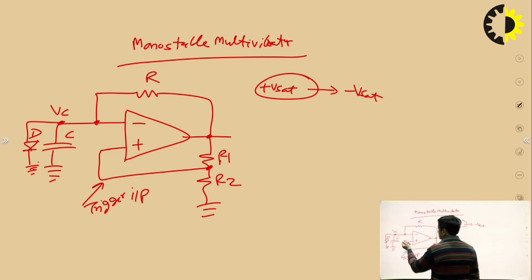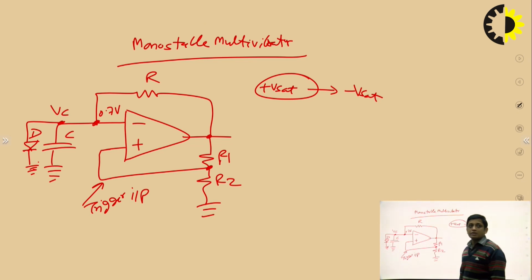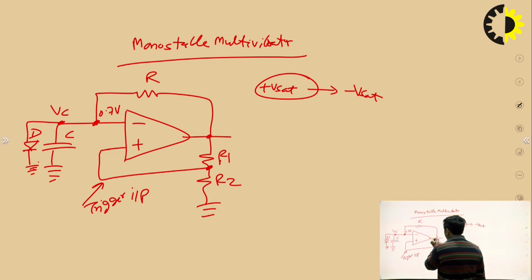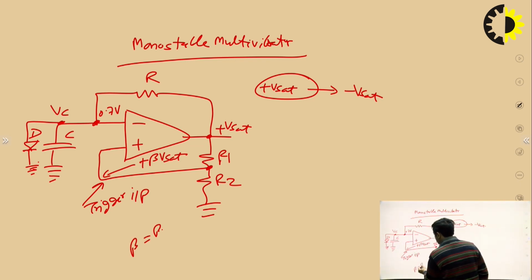From this circuit, you can see that the voltage at the inverting terminal is 0.7 volt because Vc is 0.7 volt. Further, the output is at plus Vsat in the stable state. So what will be the voltage at the non-inverting terminal? It will be plus beta Vsat. What is beta? Beta is R2 upon R1 plus R2, as I have already mentioned.